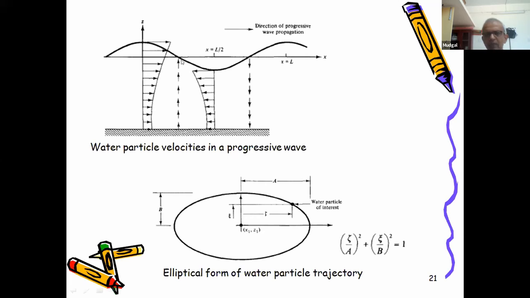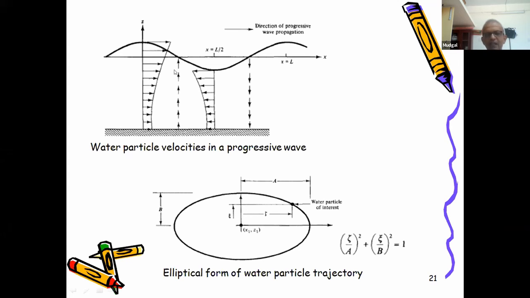Of course, it's not very visible, but for the w component the arrow sizes are small near the bed, and when you go towards the free surface the arrows increase, which means that the magnitude of the velocities goes on increasing as you go towards the top.